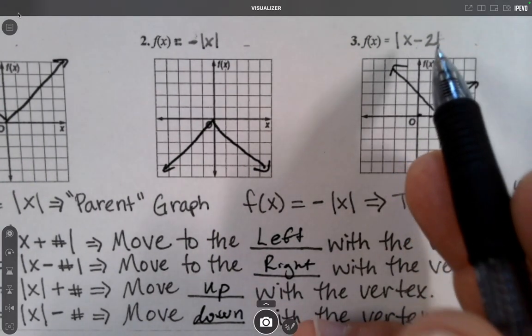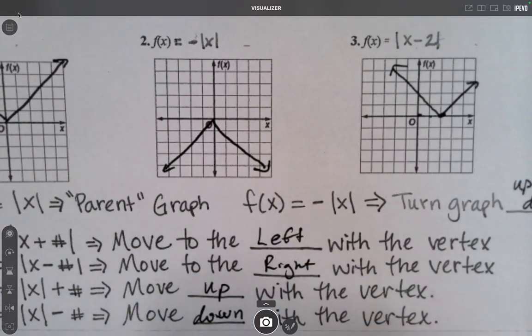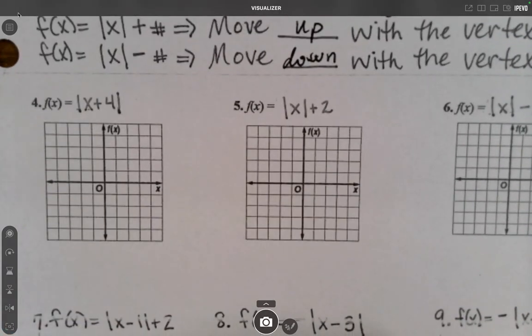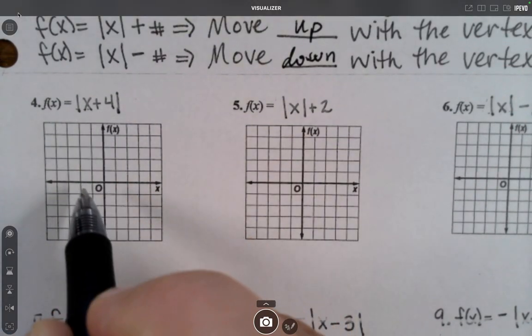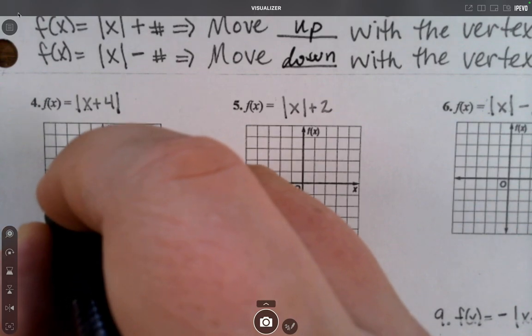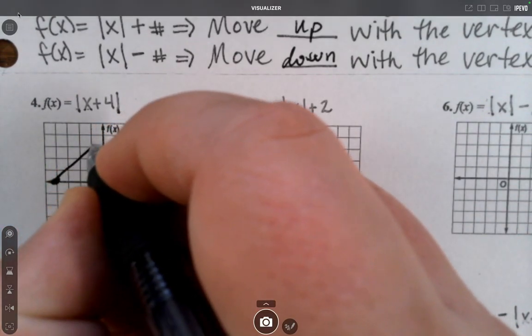So minus 2 inside the absolute value means we move to the right 2. Okay, on number 4 down here, this is another one that's inside the absolute value, so it's going to be a horizontal movement. Plus means move to the left, so I go over 1, 2, 3, 4, and I draw my graph.